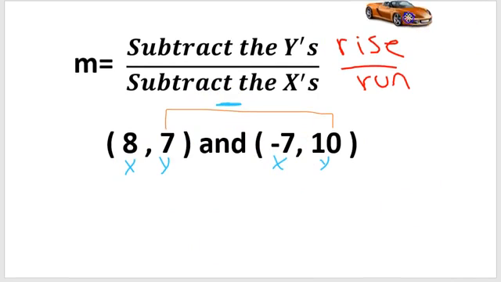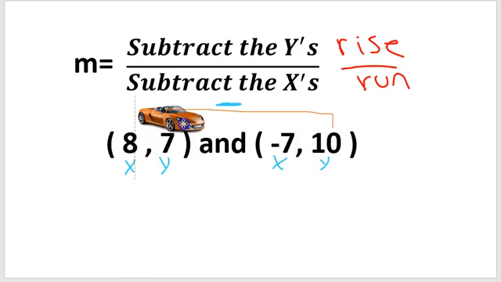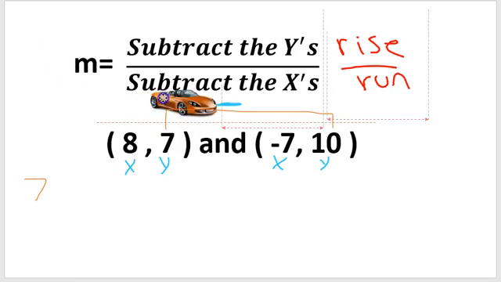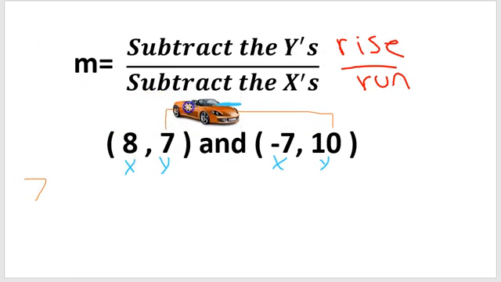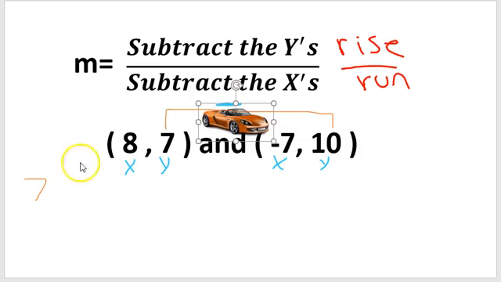I'm going to take my little car, and if I'm an Uber driver, I'm going to start here at the 7. So my path starts at the 7. My first pickup is going to be at 7. Now, if I keep going on my Uber path, what do I pick up next? Oh, you pick up this minus sign.